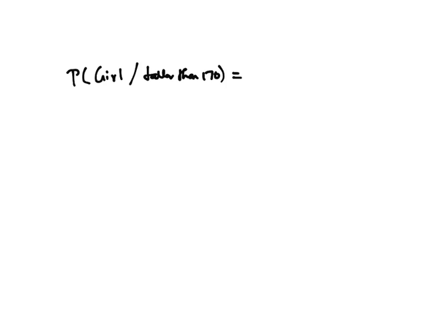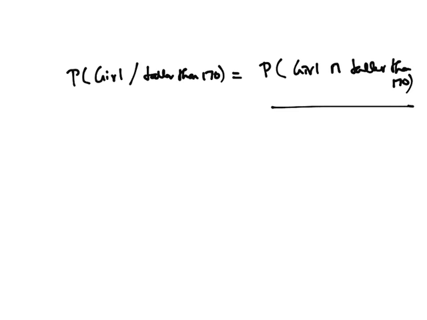So using the formula, I'll get P of girl intersection taller than 170, divided by P of taller than 170.